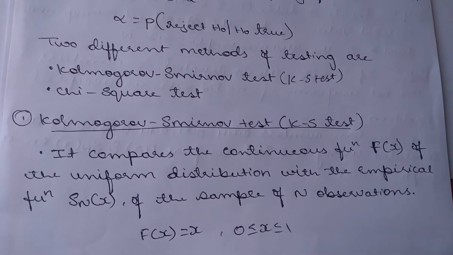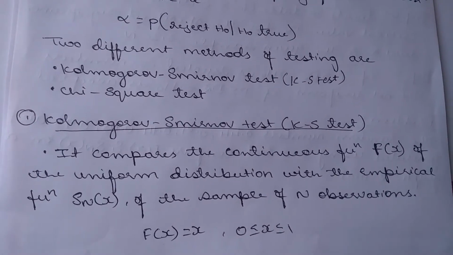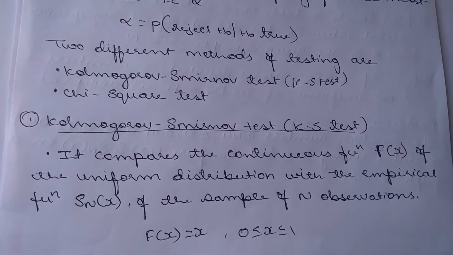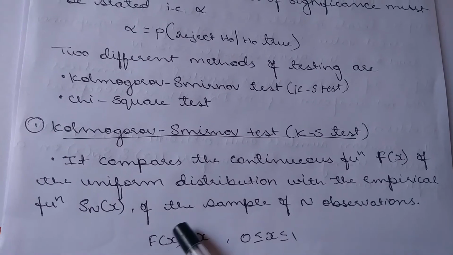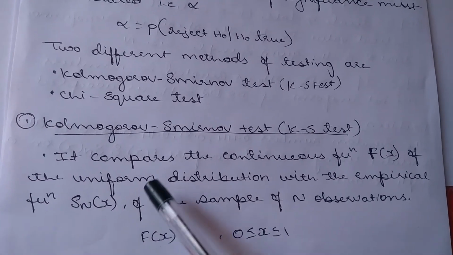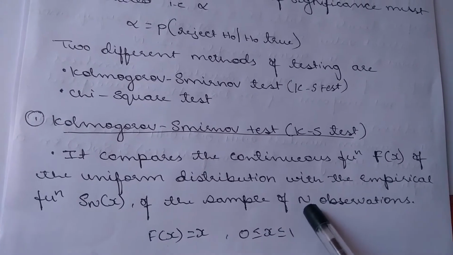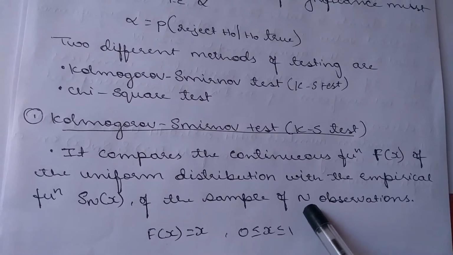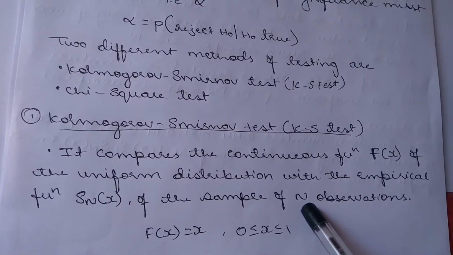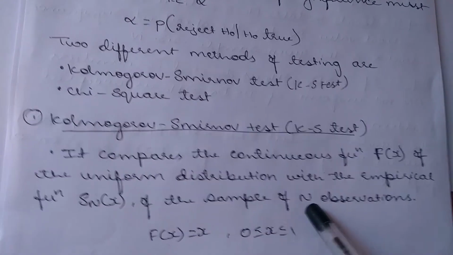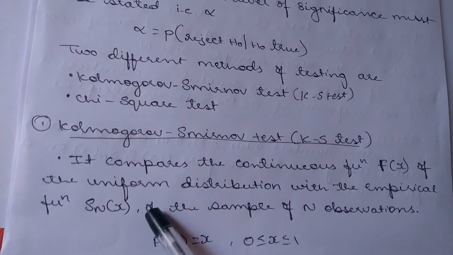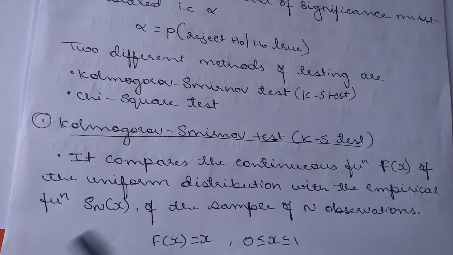Here we need to compare the function F(x) of the uniform distribution with the empirical function Sn(x) for a sample of n observations, where n is the number of random numbers. F(x) is equal to x.